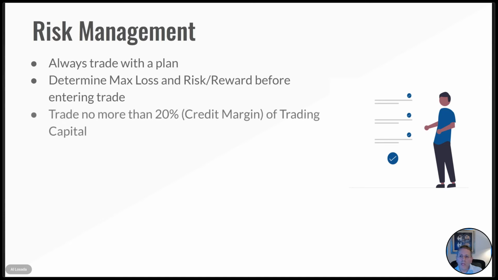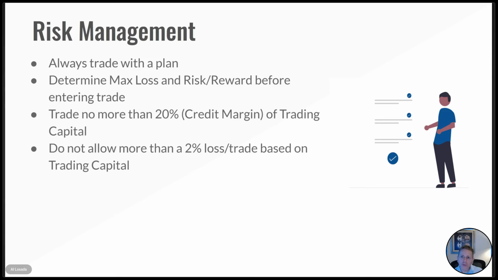Number three, trade no more than 20% of your credit margin based on total trading capital. Leave room for drawdowns in case you need to adjust the trade. That's why the 20% is very, very important.